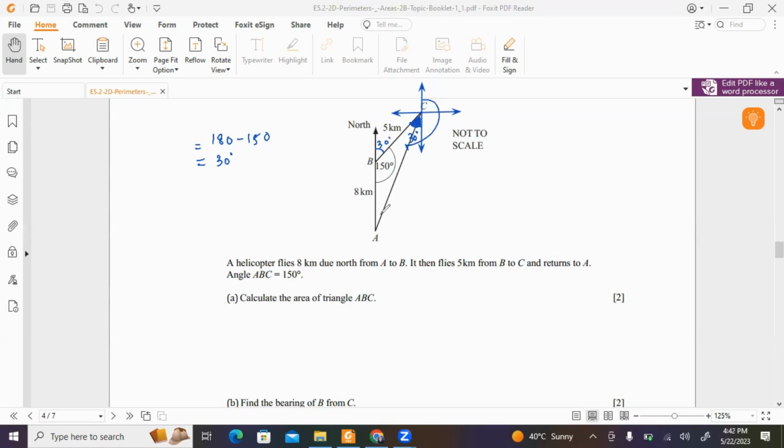Oh, bearing of B from C, not A from C. So then we just add this to it. The bearing would be 180 plus 30.